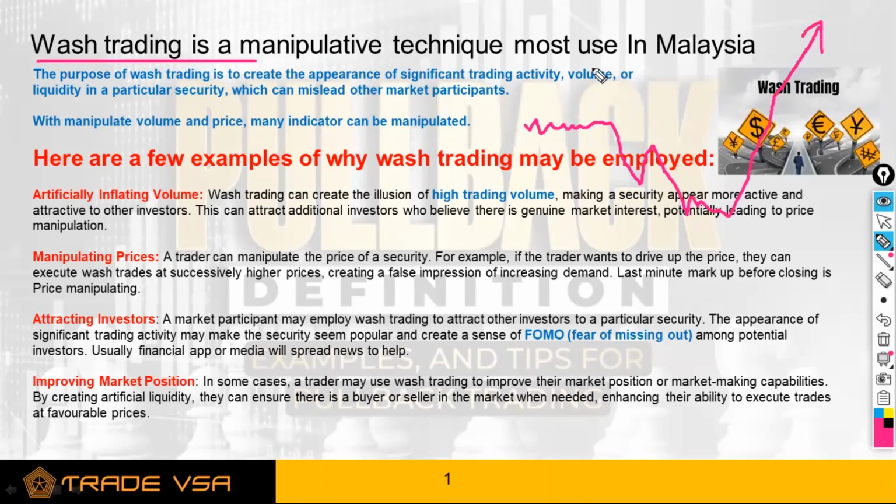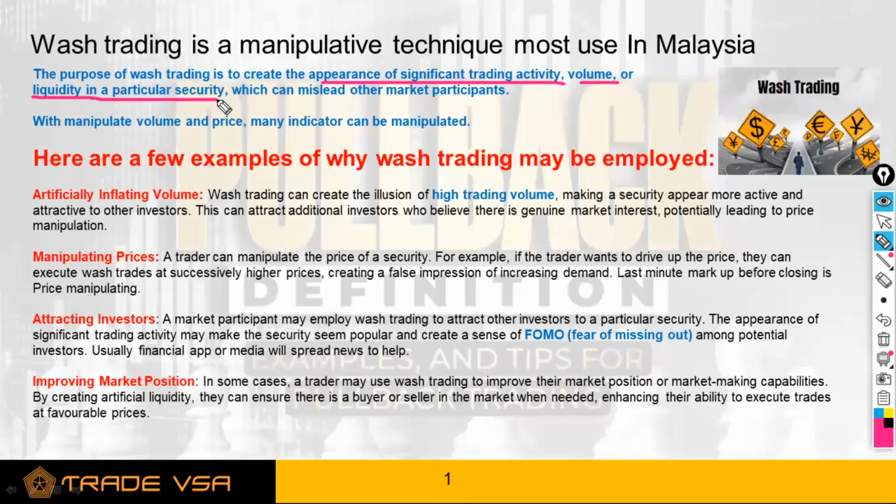Most of the manipulated stocks usually come from penny stocks, when the volume is high, so it is easier to operate and manipulate. The purpose of wash trading is to create the appearance of significant trading activity, volume or liquidity in a particular security, which can mislead other market participants.